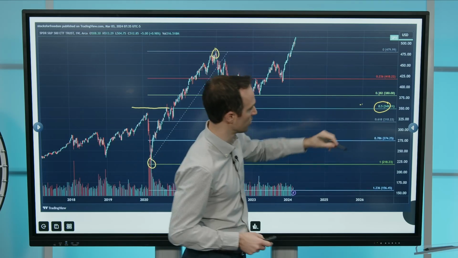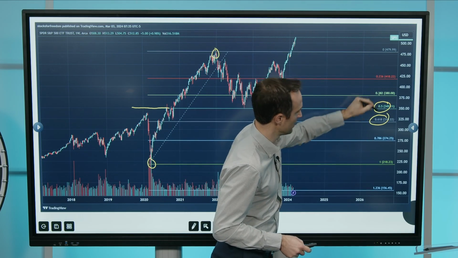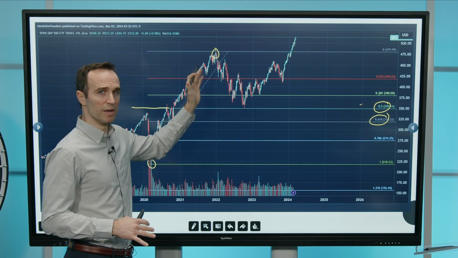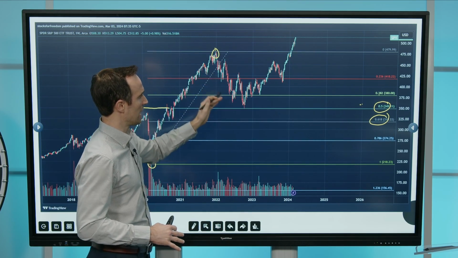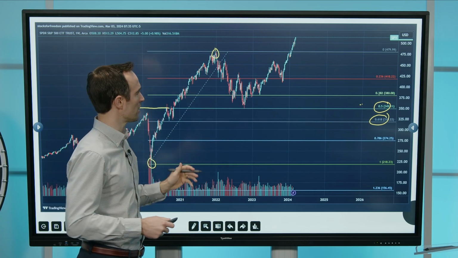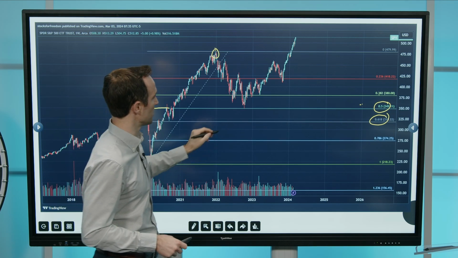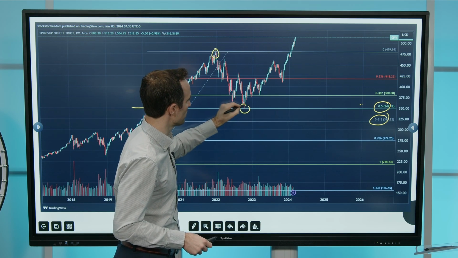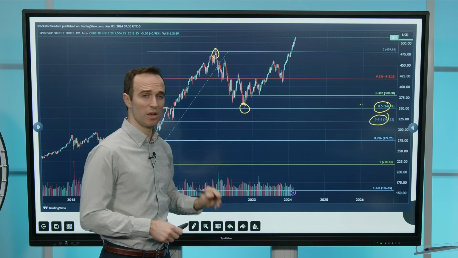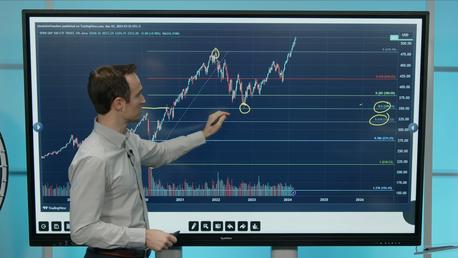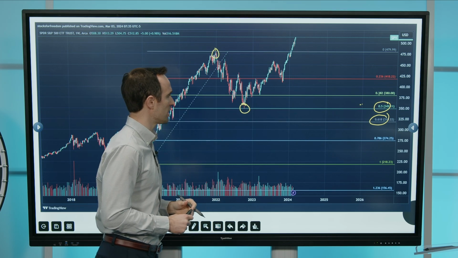These are the most important two right here, the 0.5 and the 0.618. But in general, after you've had a big run, typically stocks, crypto, commodities, whatever they are, they retrace to about 50%. And you can see here that the lows of the market were exactly on the 0.5 Fibonacci level. That's so key to understand.